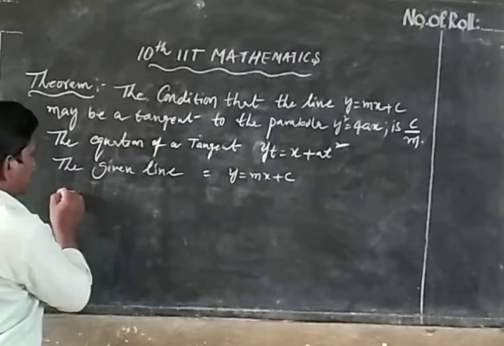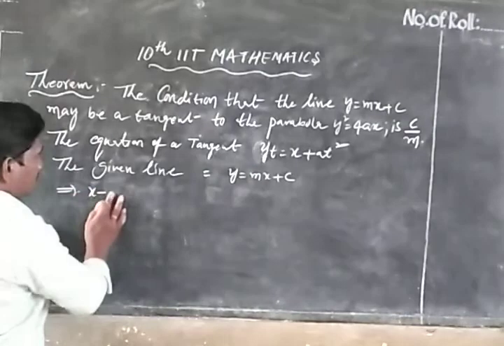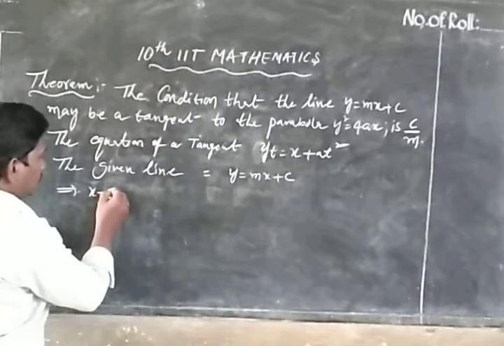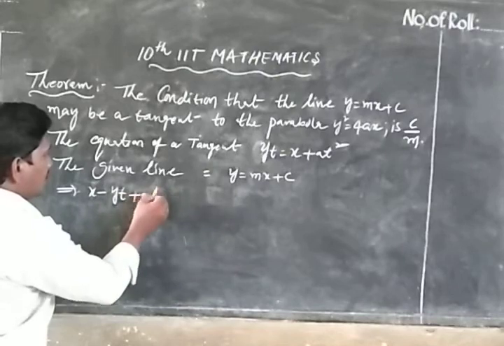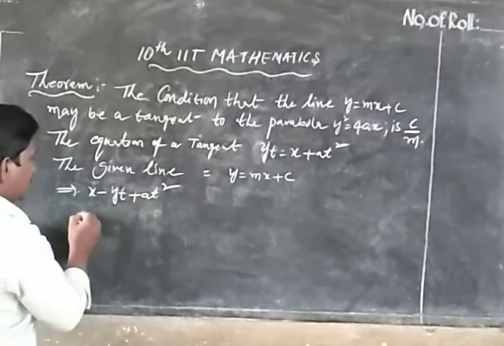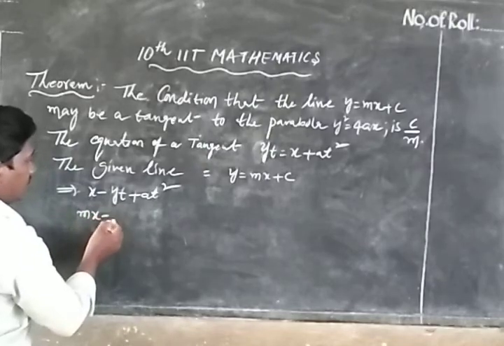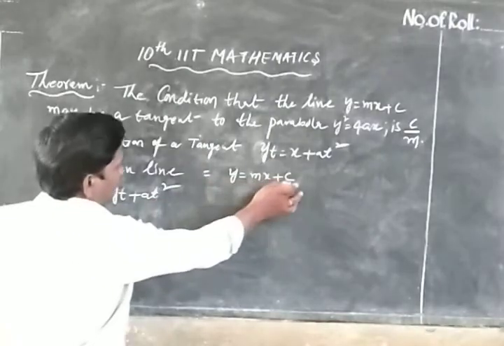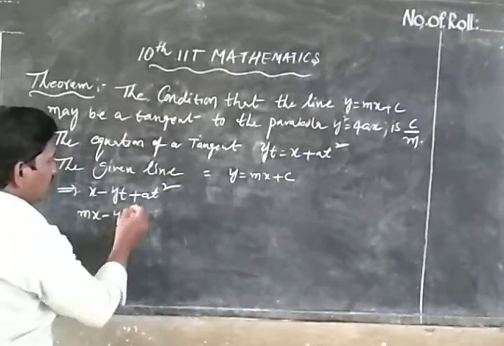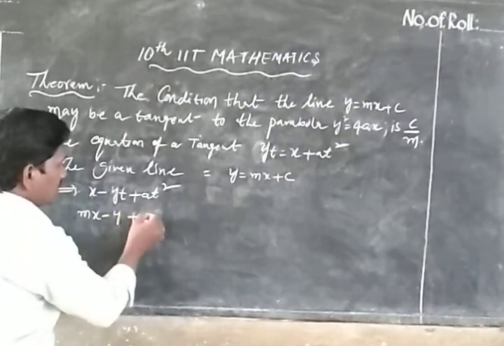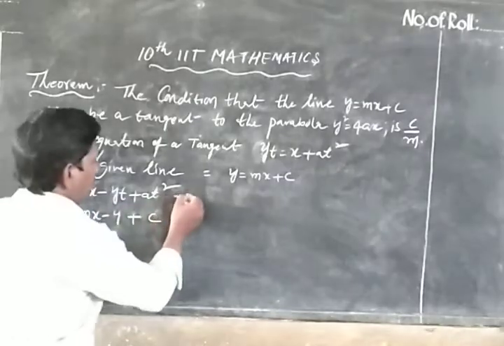Rearranging: x minus yt plus at square equal to 0. This is equation 1.